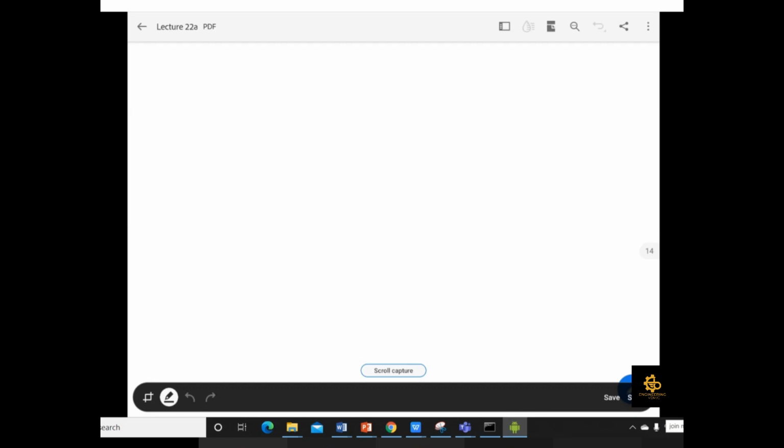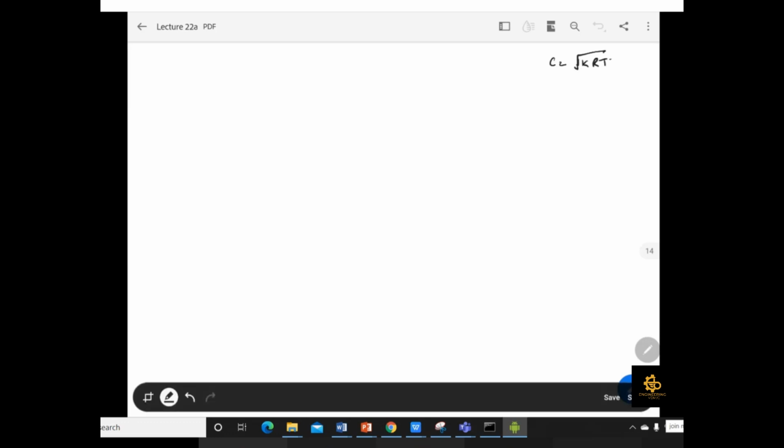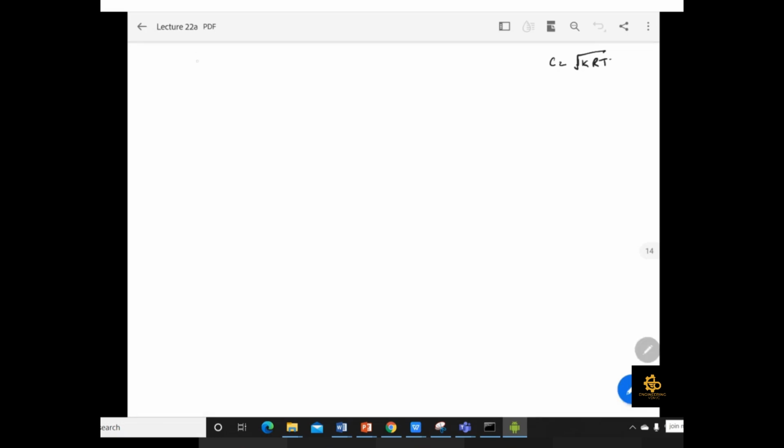So in order to prove that C is equal to under root KRT, first you have to consider one piston cylinder arrangement. For example, I consider that I have one piston, with a similar arrangement over there.